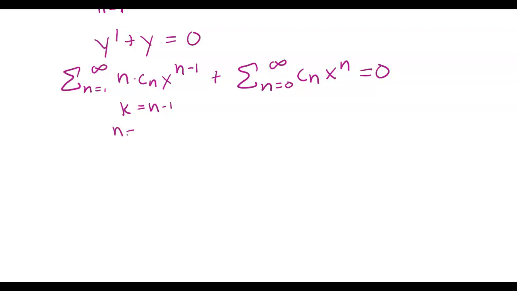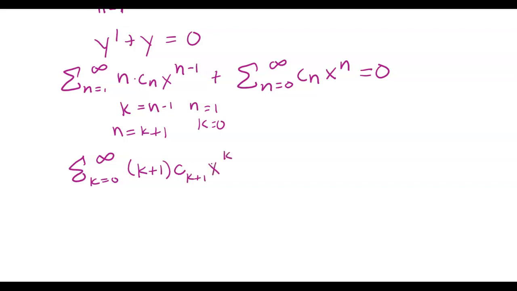That means that n equals k plus 1. When n equals 1, k equals 0. And so this is going to be the sum from k equals 0 to infinity of (k plus 1) c_(k+1) x to the k. Here, I'm just going to switch out all of my n's with my k's, and then I would have the sum from k equals 0 to infinity of c_k x^k, which must be equal to 0.